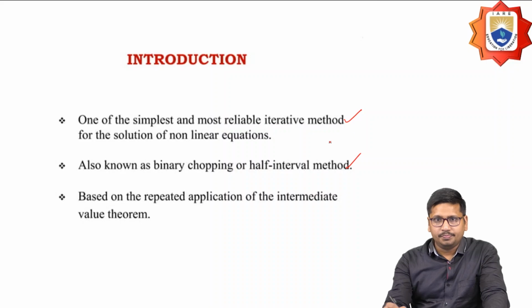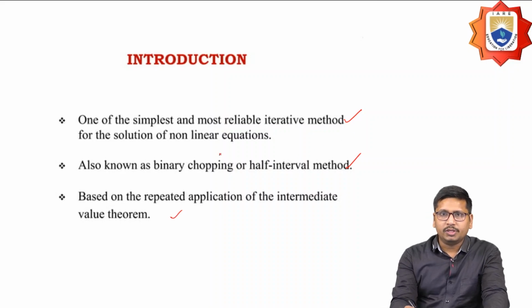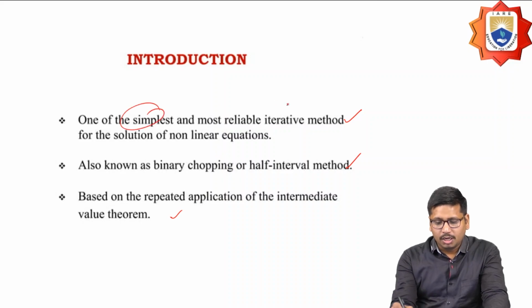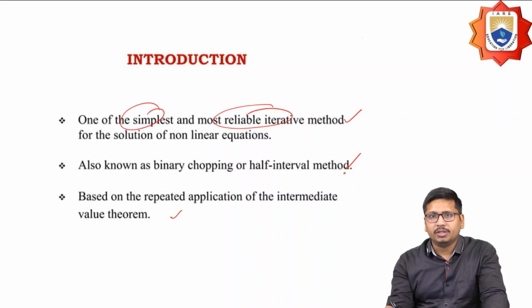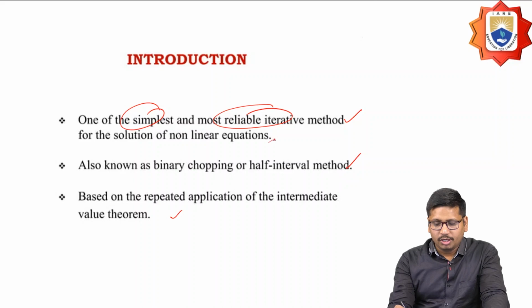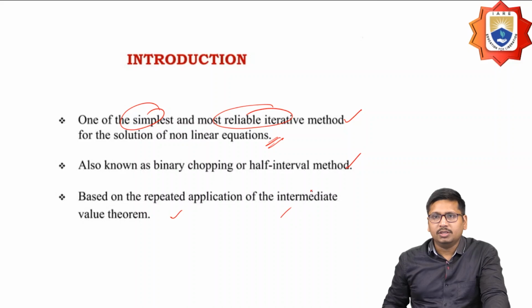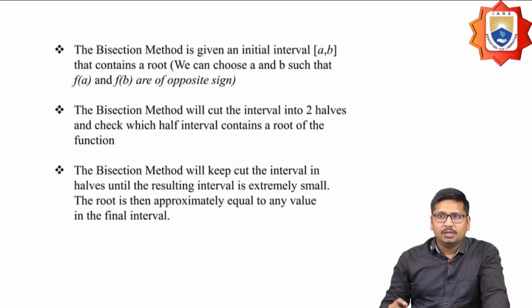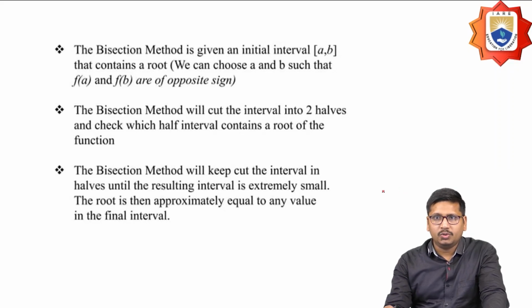intermediate value theorem. The bisection method is given an interval that contains the root.